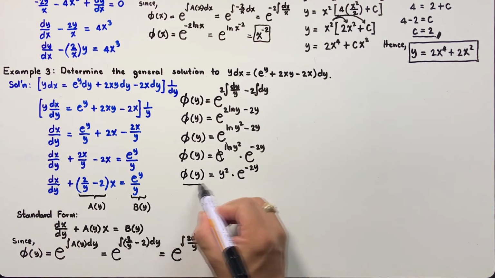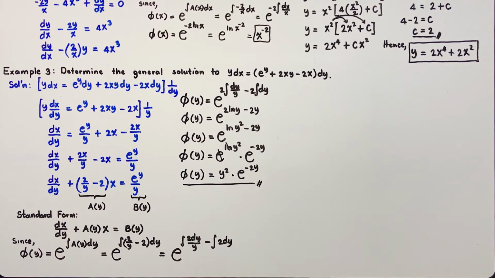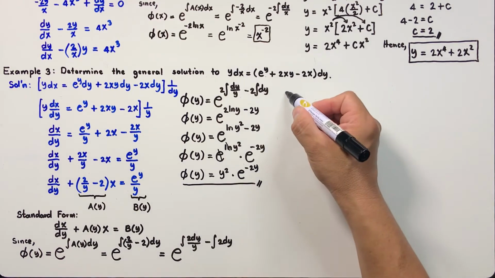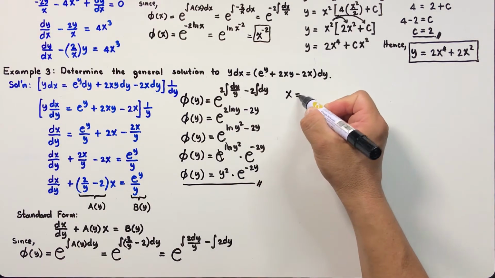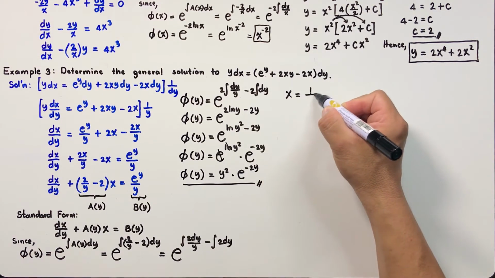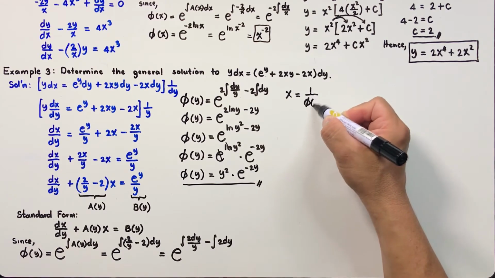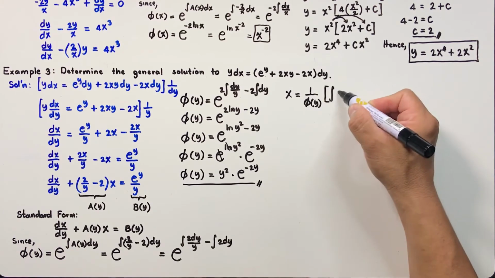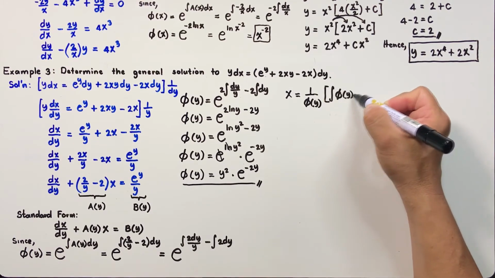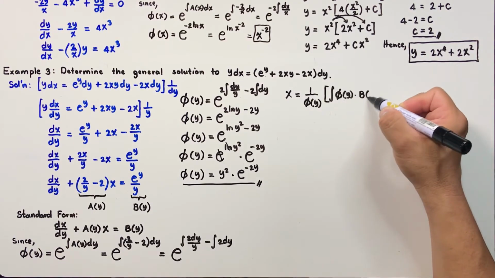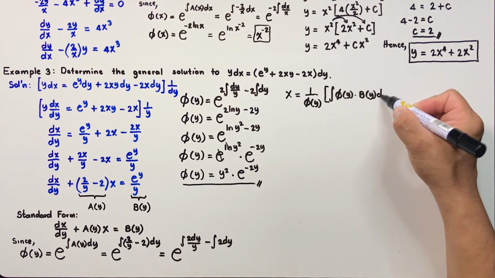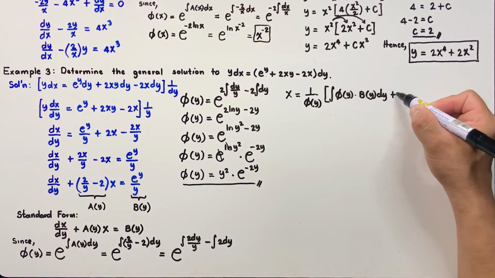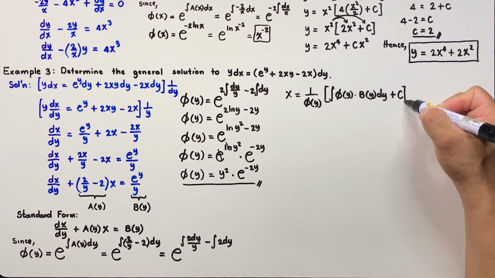And now that we have our integrating factor, we can determine our solution function, which is x, that is 1 over our phi of y times the quantity of the integral of phi of y times b of y dy plus the constant of integration c.